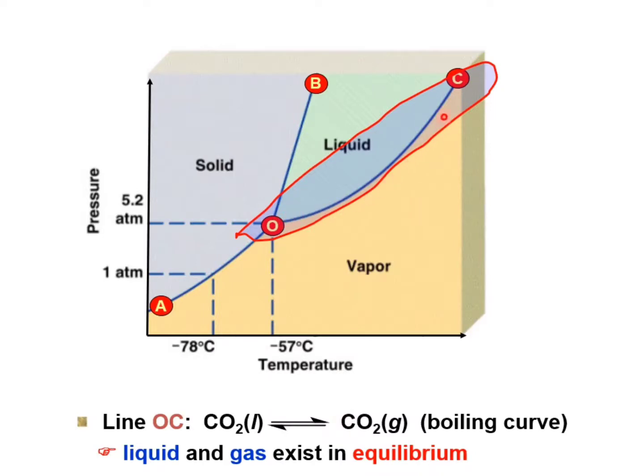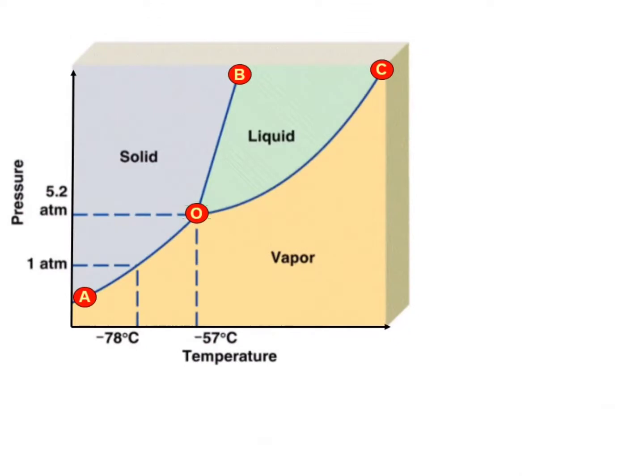So this line also we call as the boiling curve. Boiling is the process where the phase changes from liquid to gas. So line ini juga boleh dipanggil sebagai boiling point. The process of carbon dioxide changing to gas.